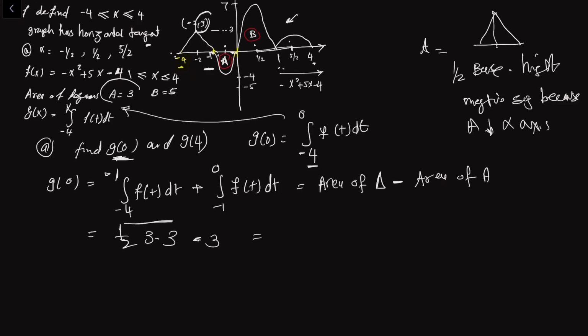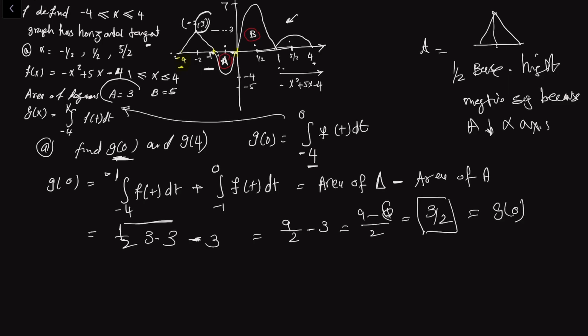So it will be 3 times 3, 9 over 2, minus 3, which is 9 over 2 minus 6 over 2, equal to 3 over 2. So this is g of 0.